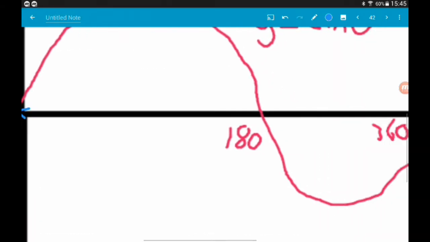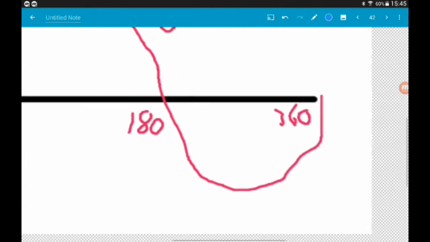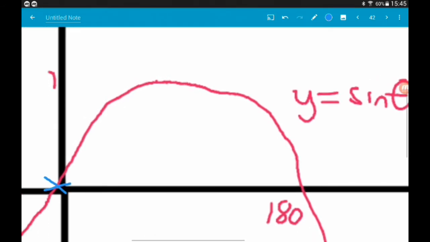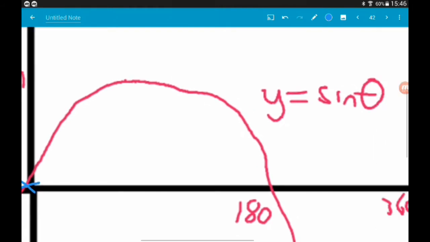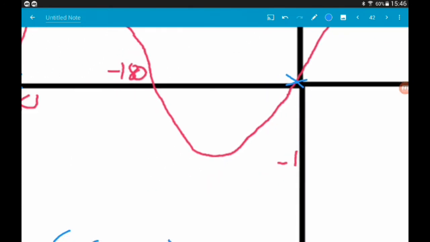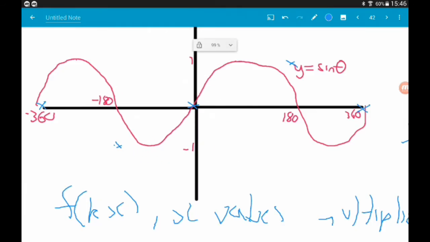This x-intercept here at 180 is going to move to 2 times 180, which is 360. Now what's going to happen here, this peak that would be at 90, 1, is going to move to 180, 1. So that's now going to be over here, and this one down here that was at minus 90, minus 1 is now going to be at minus 180, minus 1. So those are our points.